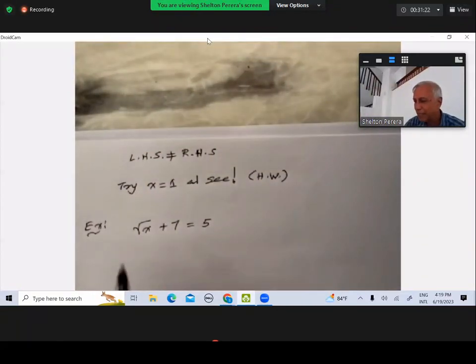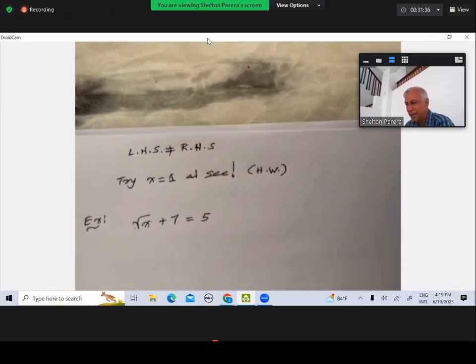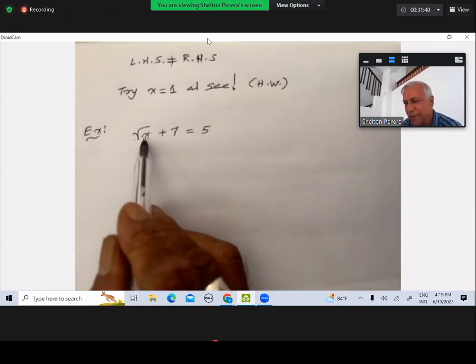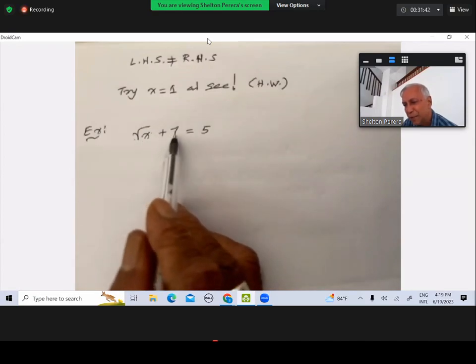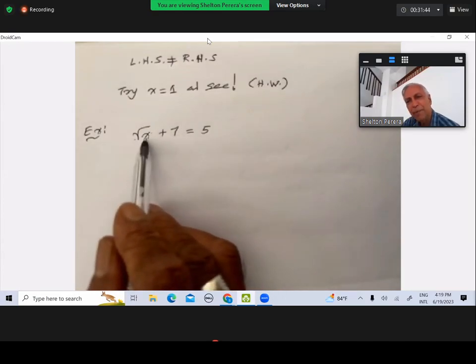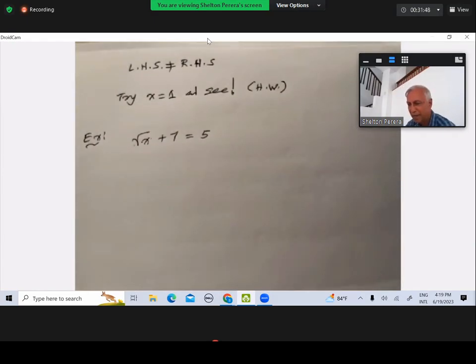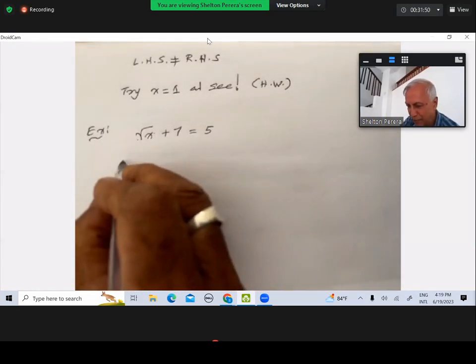If x is 0, it's not a solution, because if x is 0, you get 7 on this side and 5 on the other side. If x is positive, a positive number plus 7 would be more than 7. It would never be 5. This equation has no solutions.